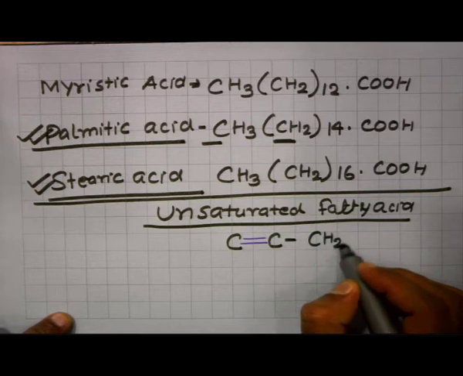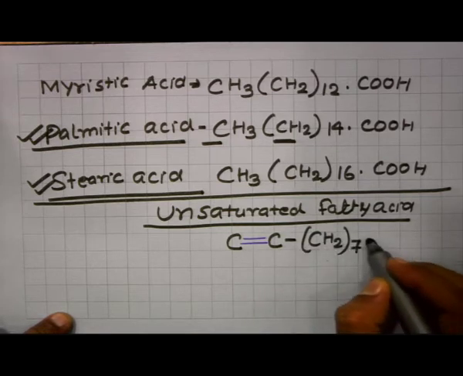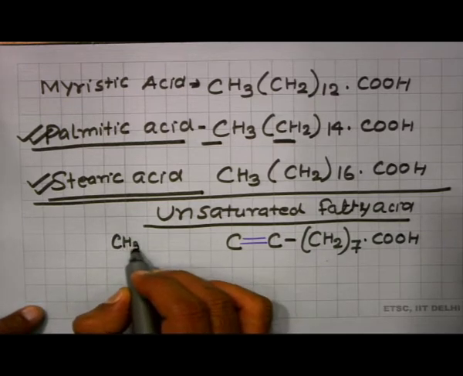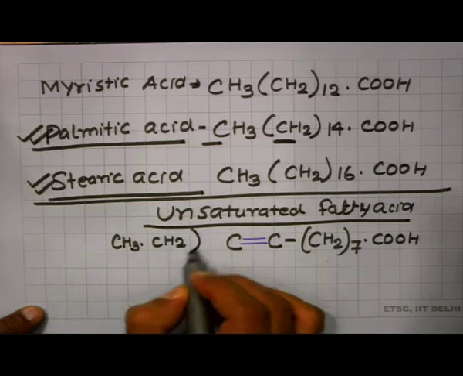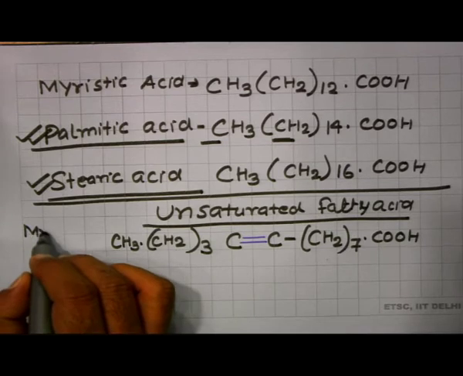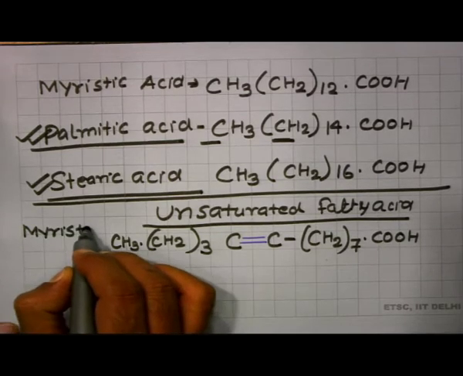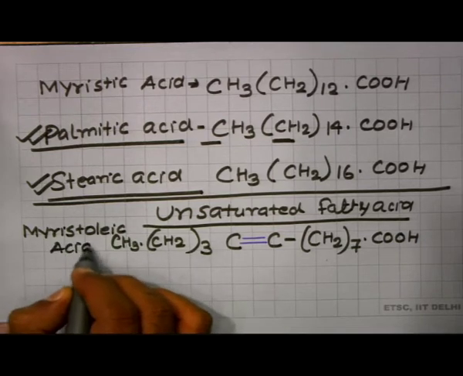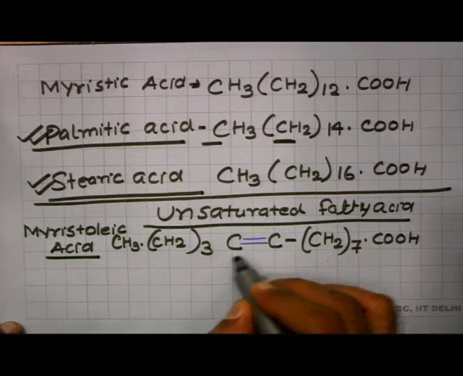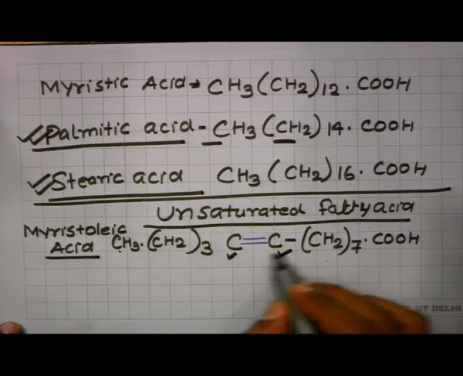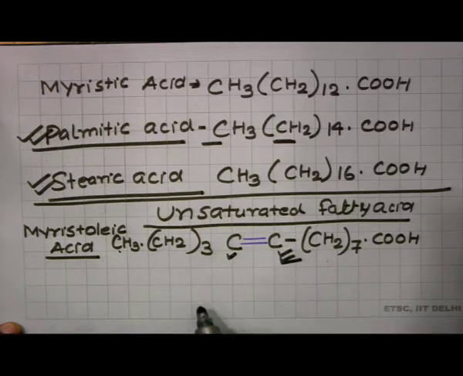Just CH3, CH2 multiplied by 7, here CH2 multiplied by 3. This structure is called myristoleic acid. This is unsaturated because between the 5th carbon and 6th carbon there is a double bond.